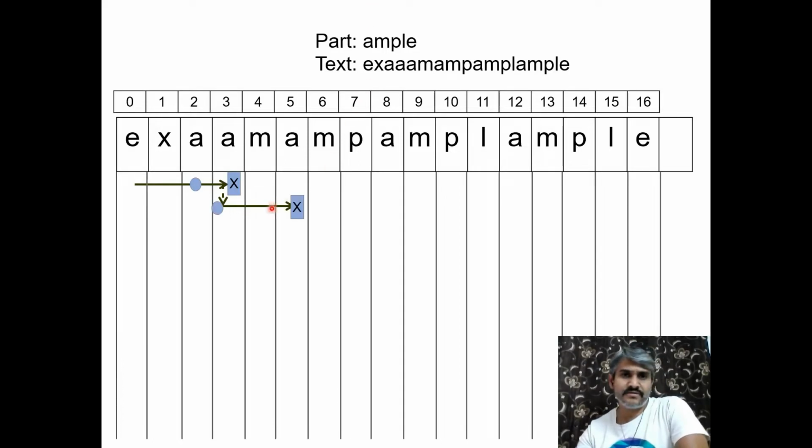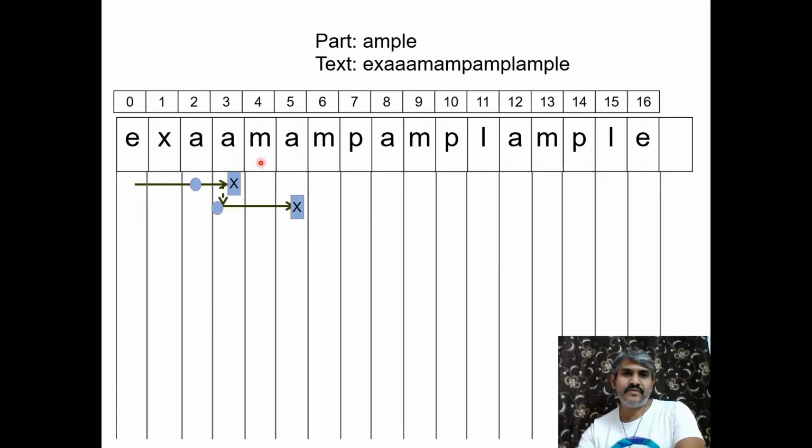And then we start to examine the characters from the third one, and we see that the third character in text actually matches with the first character in part A again. And then we start to build a partial match. We start to examine the subsequent characters.